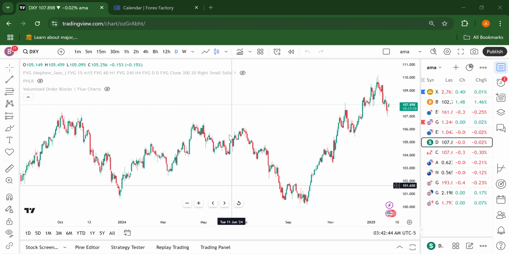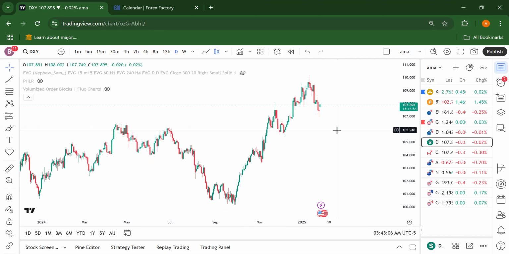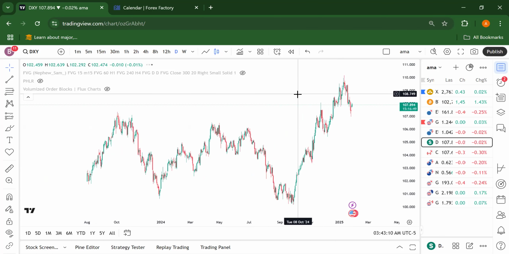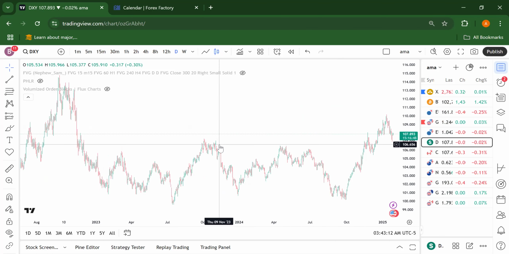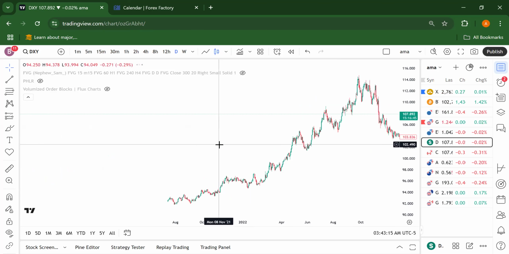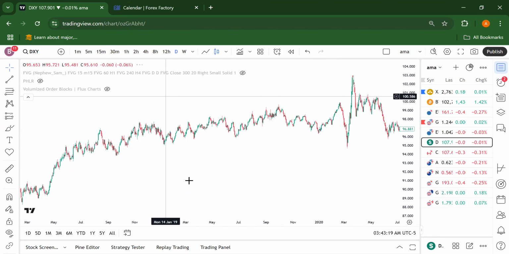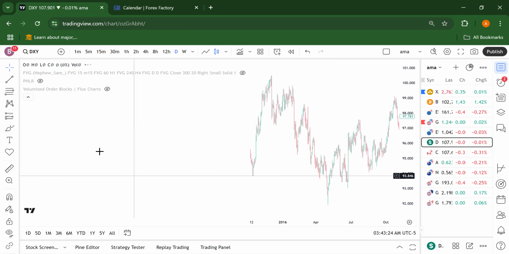All right, so let's quickly wrap up looking at a ranging market, right? Can we all see my screen? All right, great. So we can see it as it's moving like this.